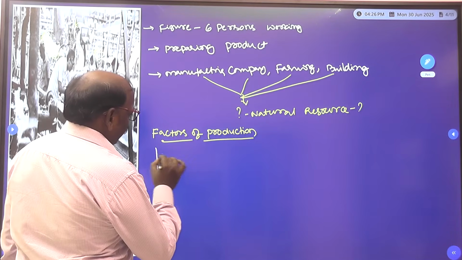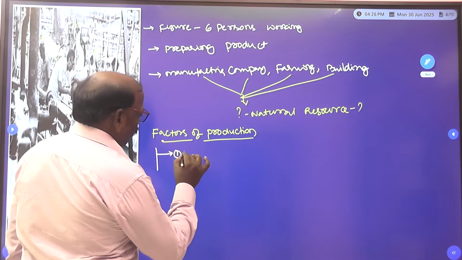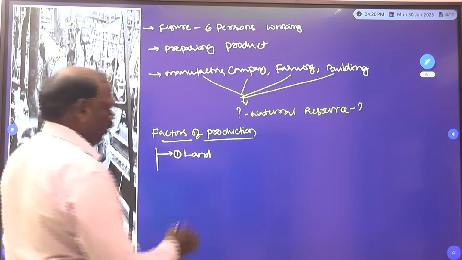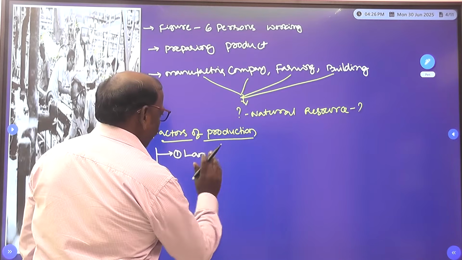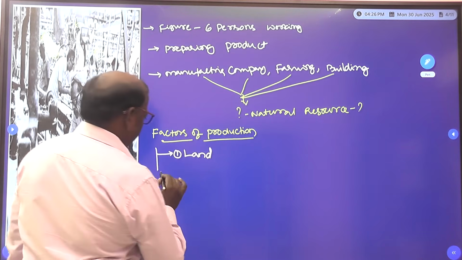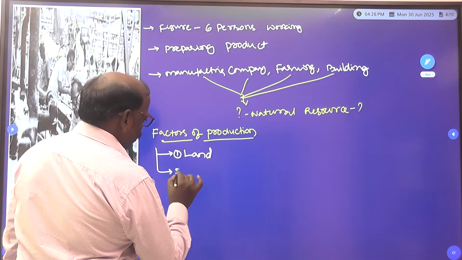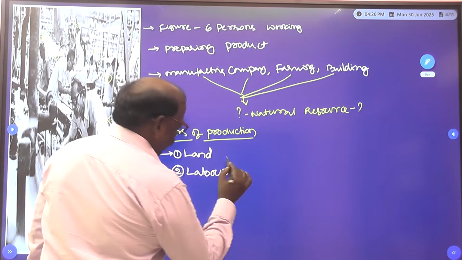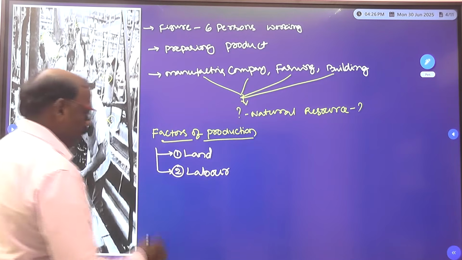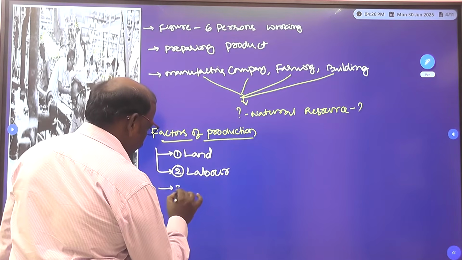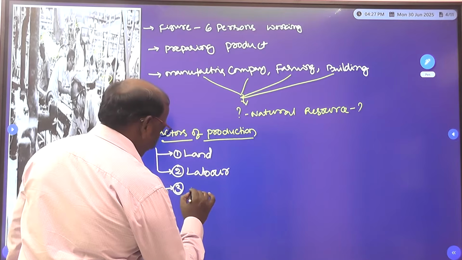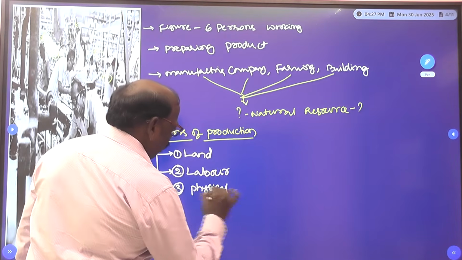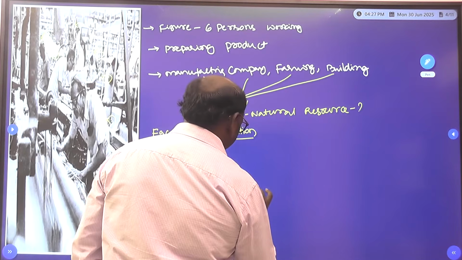In this, the first one is land. Second one is labor. And third one is physical capital.